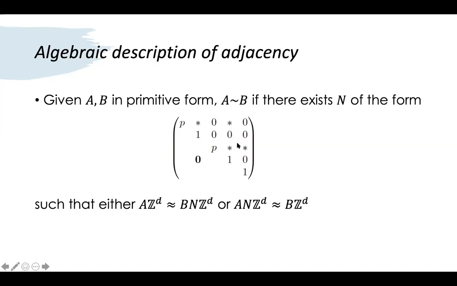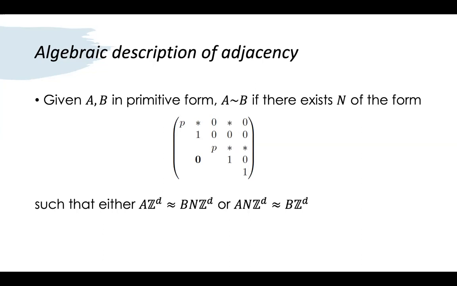So you can check that all the zeros are cases where there is no P on the left, or there is no 1 on the bottom. And the other way around, all the asterisks are just cases where there is a P on the left and a 1 on the bottom. And then I claim that A and A times N, when this is N, are adjacent to one another.